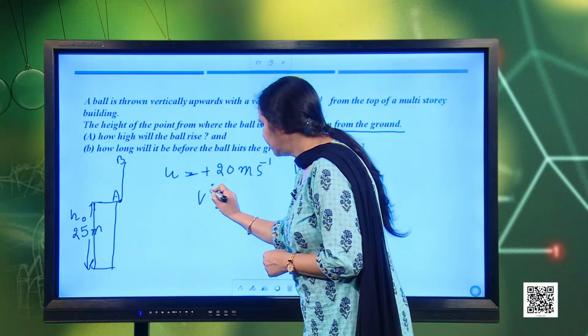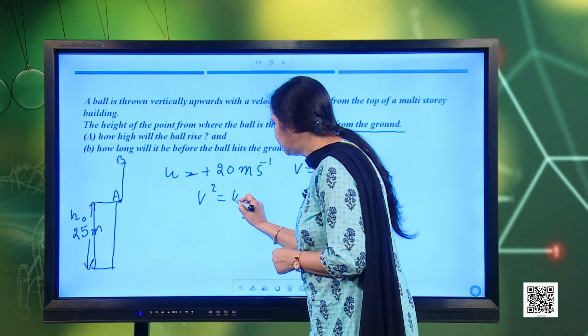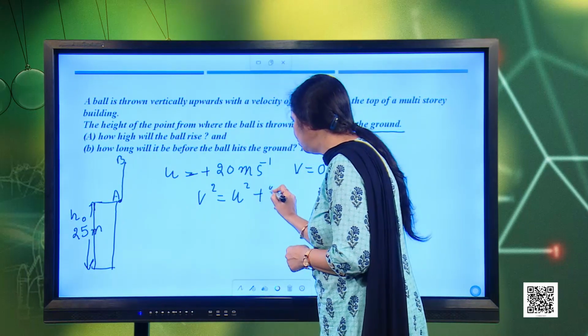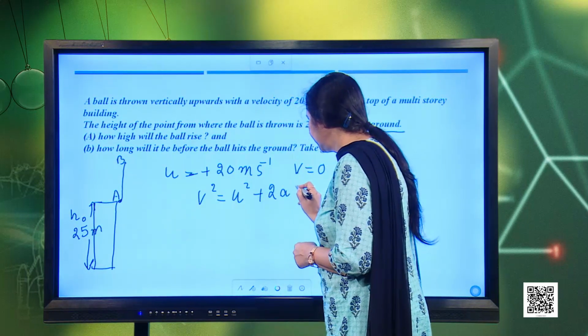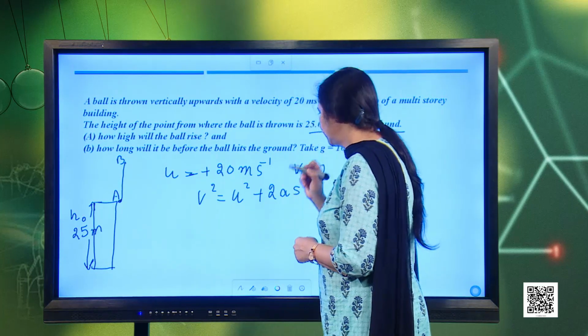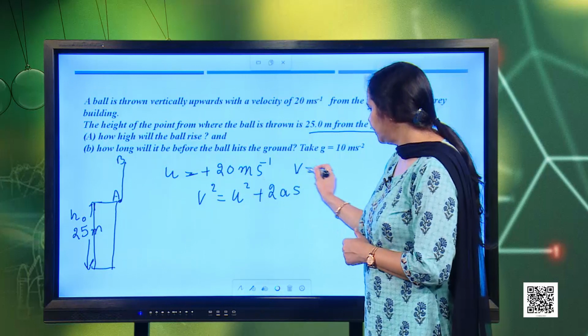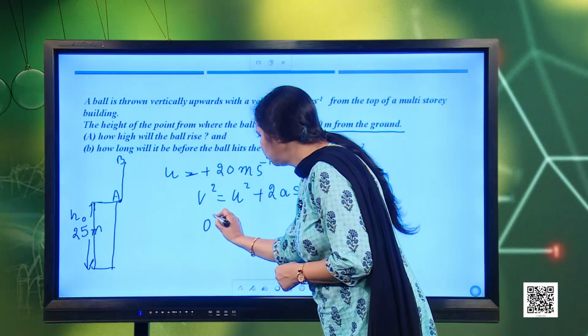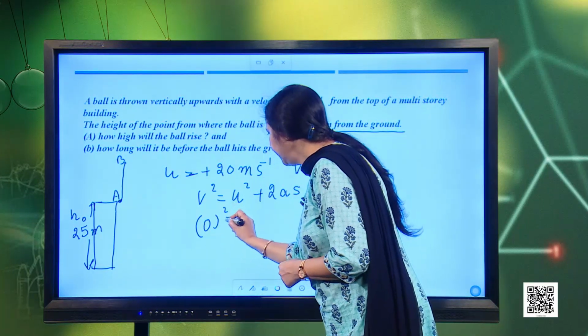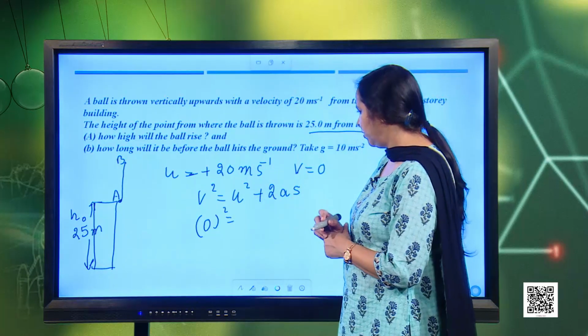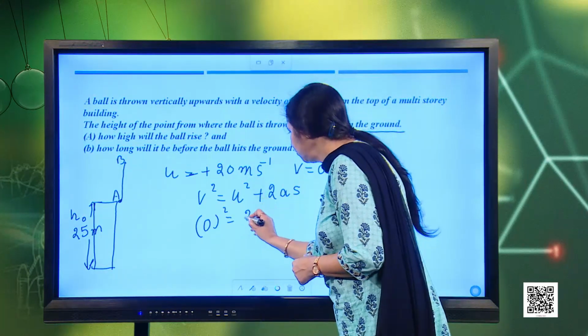We can use the third equation, that is v square is equal to u square plus 2as. Now, using the sign convention and the values here, the final velocity is 0. So, 0 square will be equal to, now u square will be 20 square.